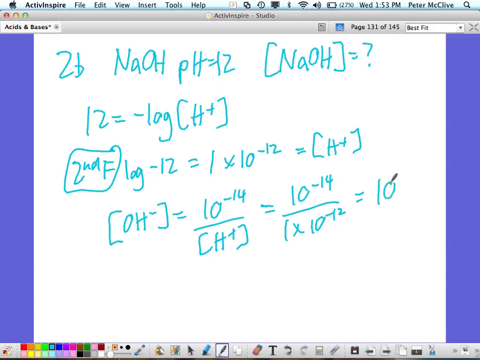So 10 to the minus 14 plus 12, 10 to the minus 2, good, is the concentration of hydroxide. And because you've got 1 for every 1, it also equals the concentration of the whole thing as well.